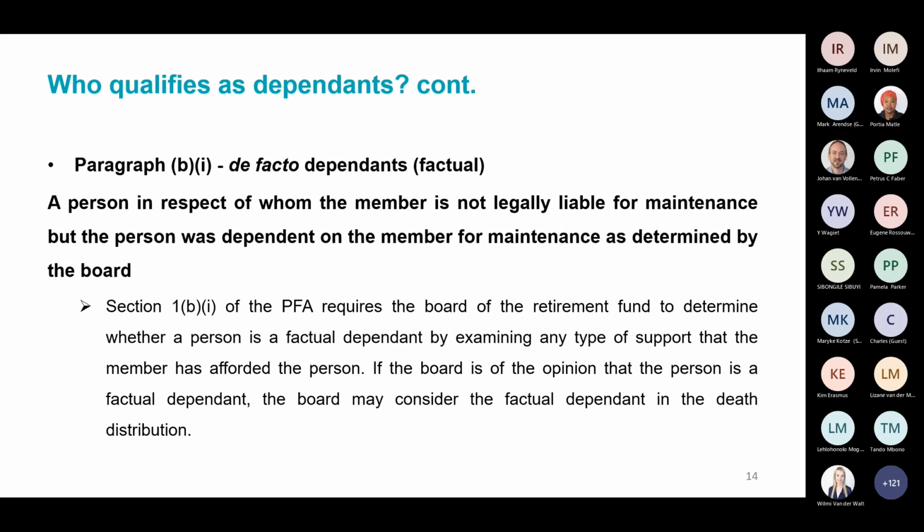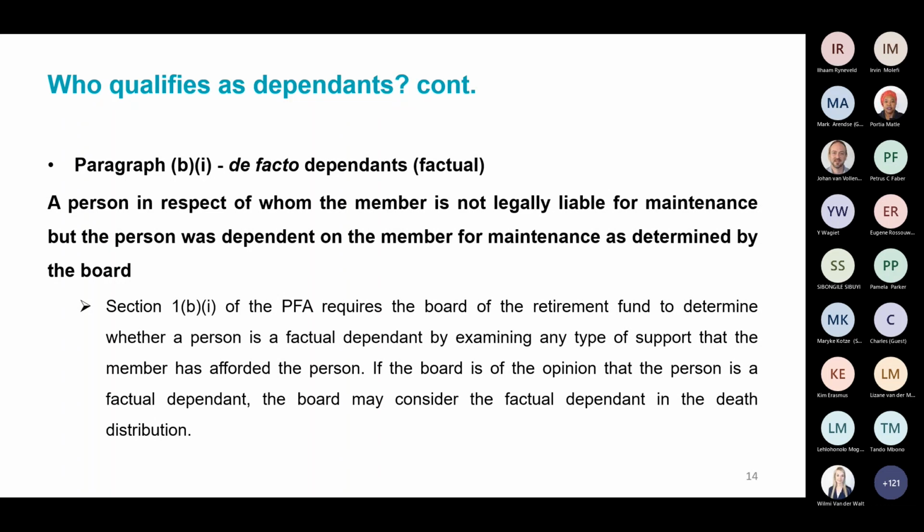So this is an important one because this is sort of out of the ordinary if you look at the laws in South Africa generally, because generally one would look at legal dependency, but as I said, in the scheme and in the context of pension funds, we also look at factual dependence. So Section 1B1 of the Pension Funds Act requires that the board of the retirement fund must determine whether a person is a factual dependent.